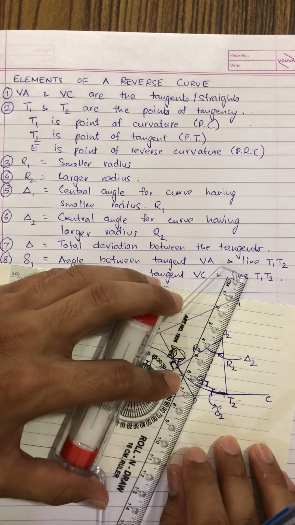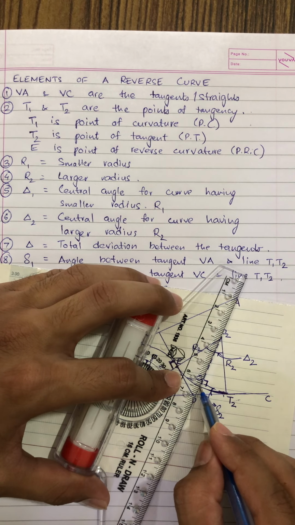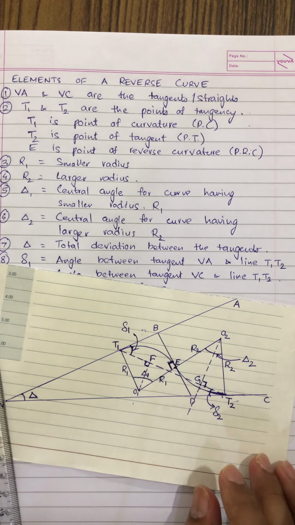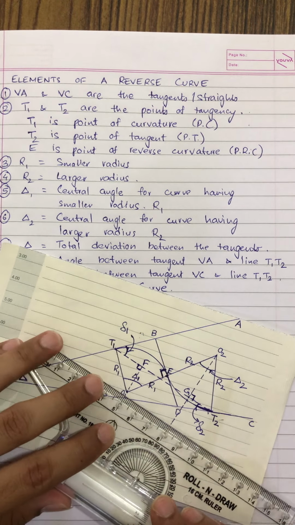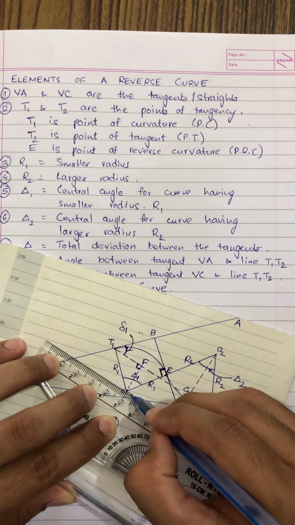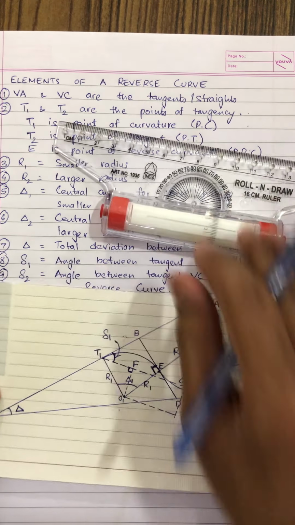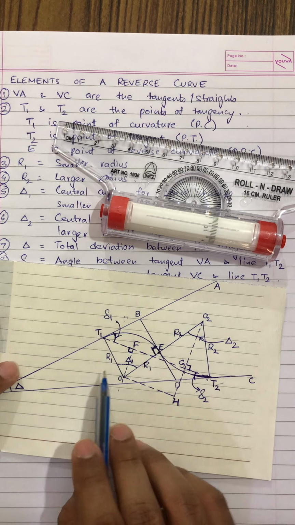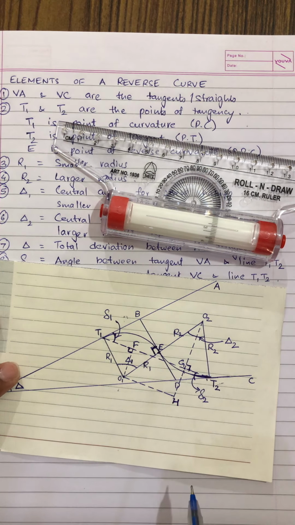And let us produce this line O2G further, and let us connect it with this O1, where this O1H, let this point be H. Here this O1H is actually parallel to this line T1, T2.